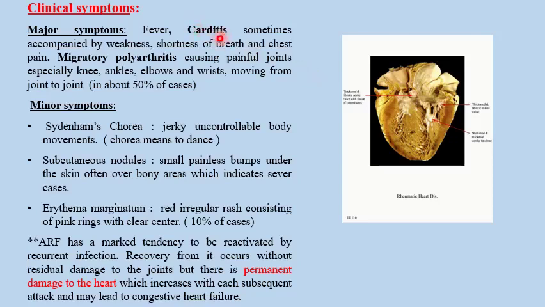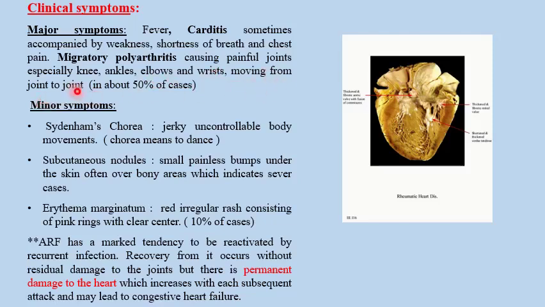So carditis, and of course sometimes a person doesn't feel anything, but sometimes it is accompanied by weakness, shortness of breath, and chest pain. Then there is migratory polyarthritis, causing painful joints, especially the big joints in the body, like the knee, the ankle of the leg, the elbow, and the wrist, which is of the hand.